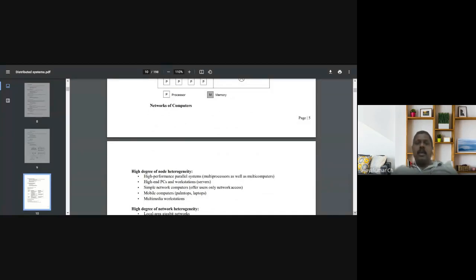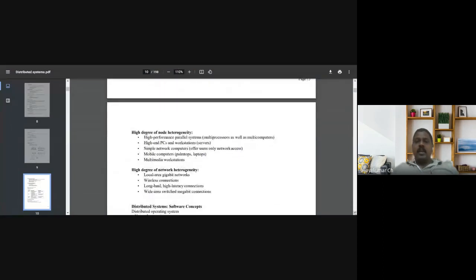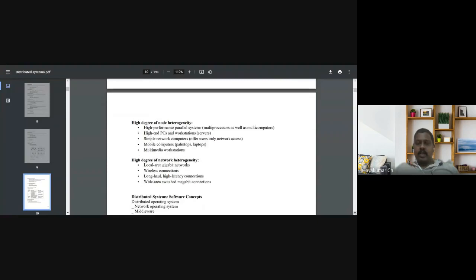After that, what is a high degree of node heterogeneity? High performance parallel systems, multiprocessors as well as multicomputers, high-end PCs and workstations. These are known as the servers.